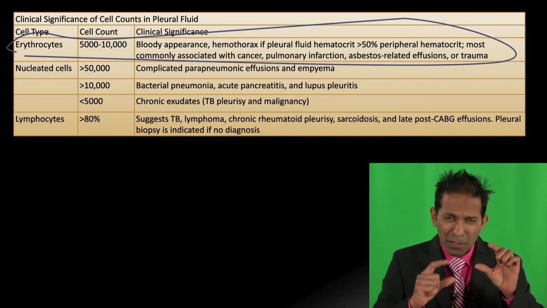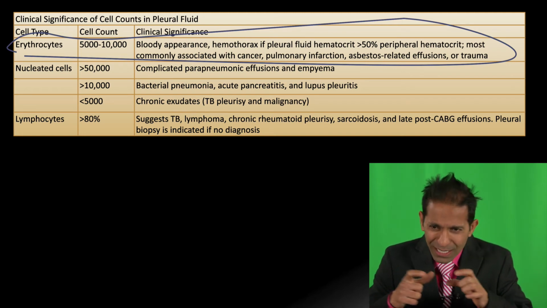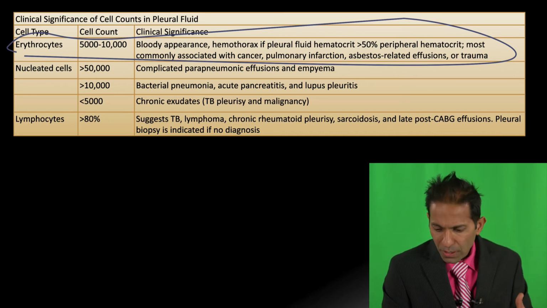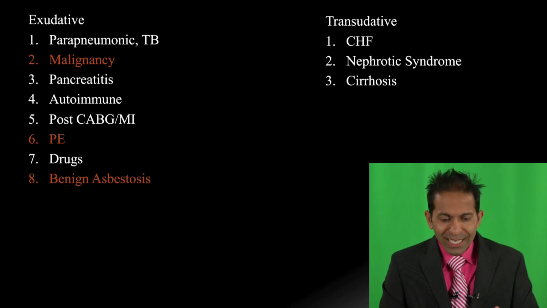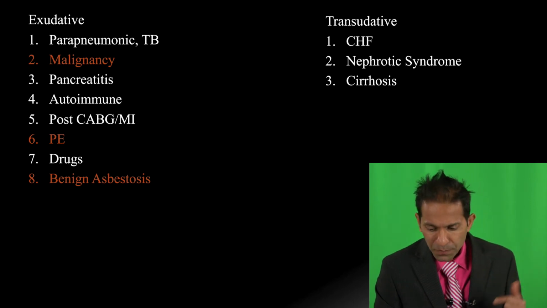So depending on the cell count in pleural fluid analysis, you can come up with a diagnosis. We're going to talk about all this in the next couple of minutes. In patients who have malignancy, pulmonary embolism, and benign asbestosis, you can have bloody effusion.